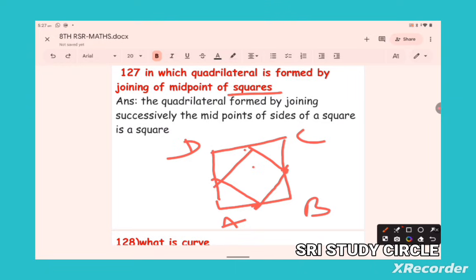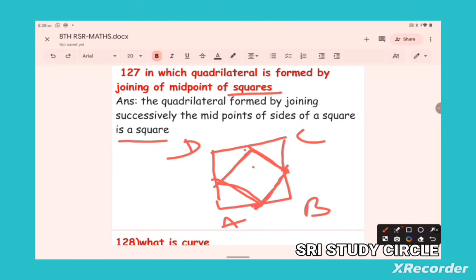A quadrilateral formed by joining the successive midpoints of the sides of a square is also a square. Right? ABCD is a square.